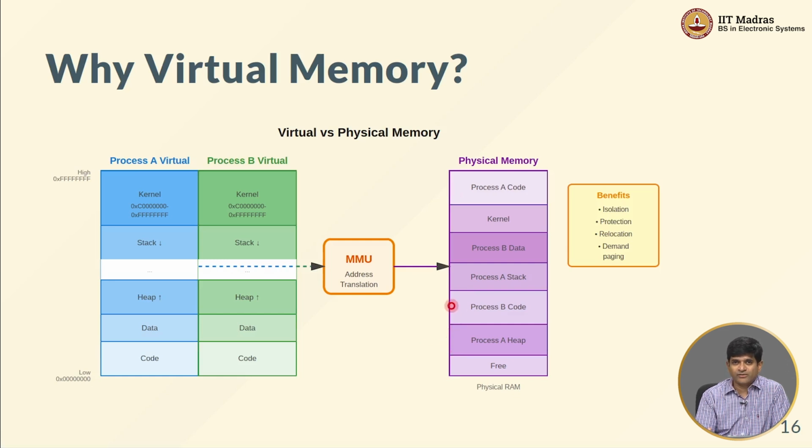Now there are ways of explicitly saying that I want to share memory between two processes, but that's a separate story, we are not getting into that right now. The default is that they should be protected from each other.